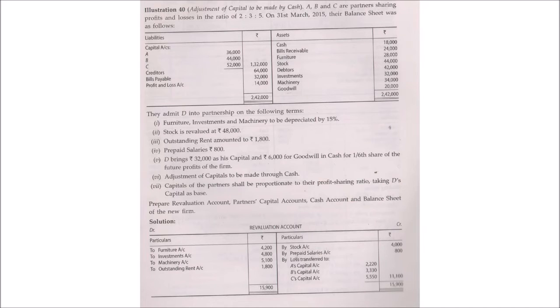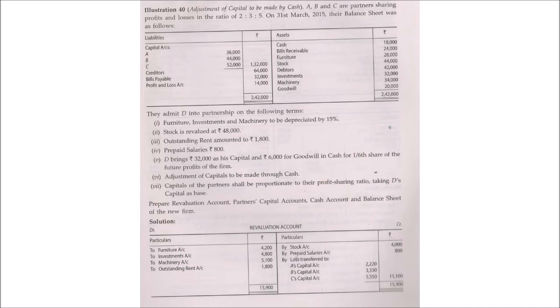Next adjustment, outstanding rent amounted to rupees 1,800. So 1,800 is a new liability. To outstanding rent account, 1,800. Next adjustment, prepaid salary is rupees 800. It is an asset. So coming to the credit side of the revaluation account. By prepaid salaries, 800.